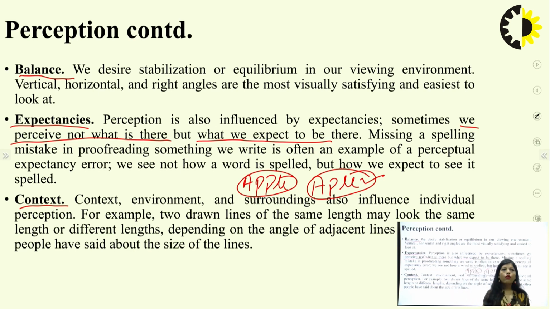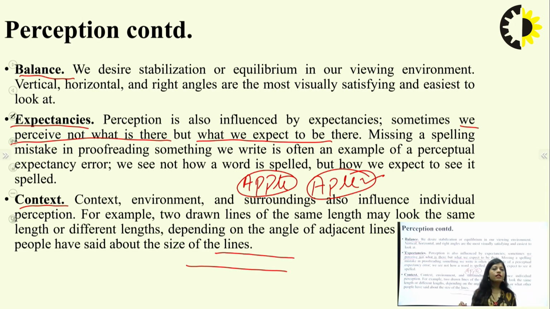For example, two drawn lines of the same length may look the same length or different lengths depending on the angle of the adjacent lines or what other people have said about the size of the lines. So if we have two lines of the same length, they may look different if we see them from different angles and from different sides.